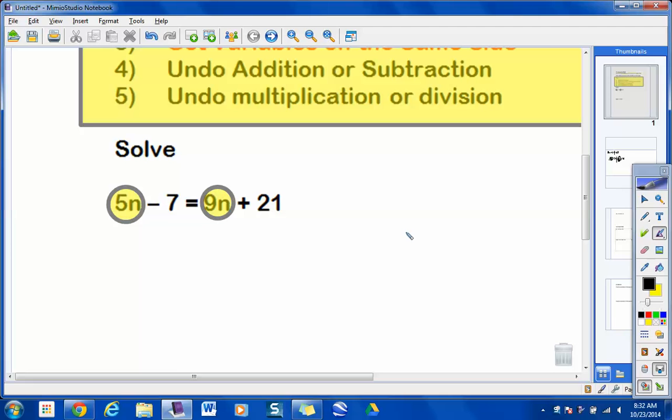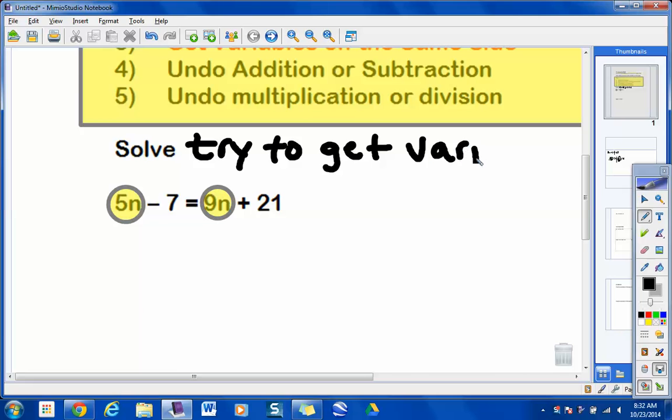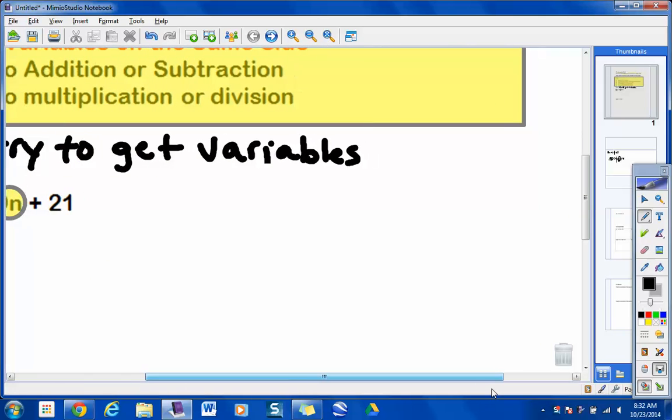I want variables on the left, so maybe make a note up here and put it like this. Maybe say try to get variables on the left.